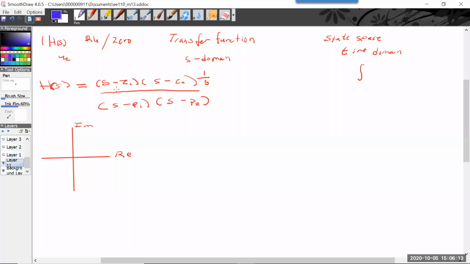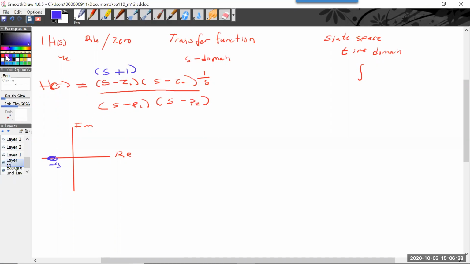So a zero of -1, if I were to write it out in this format, would look like s plus 1, because the actual zero is -1, right?